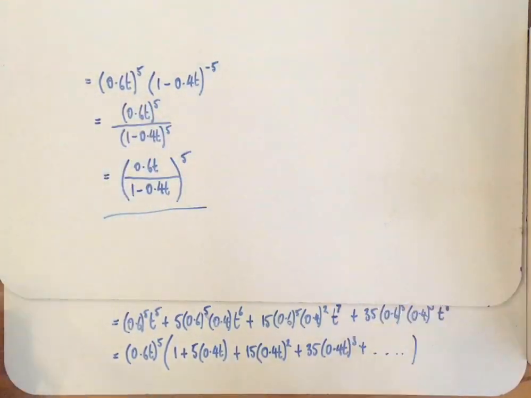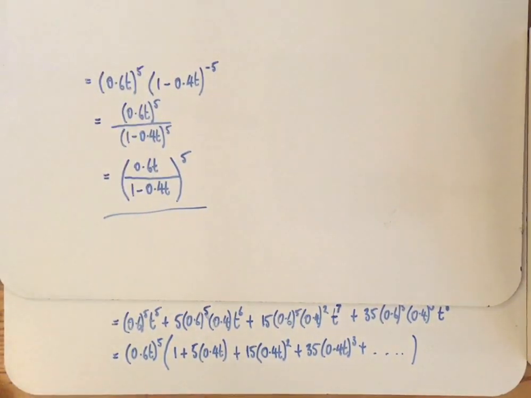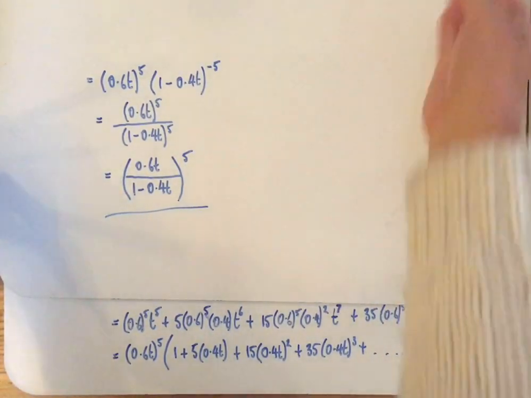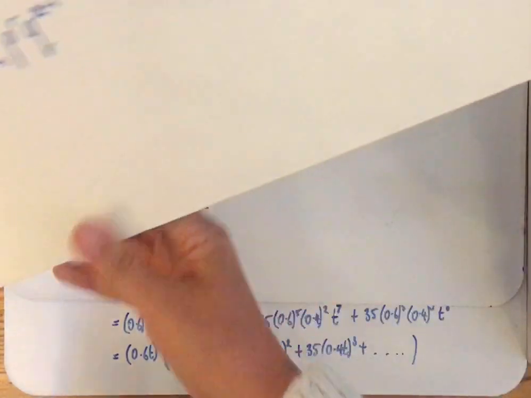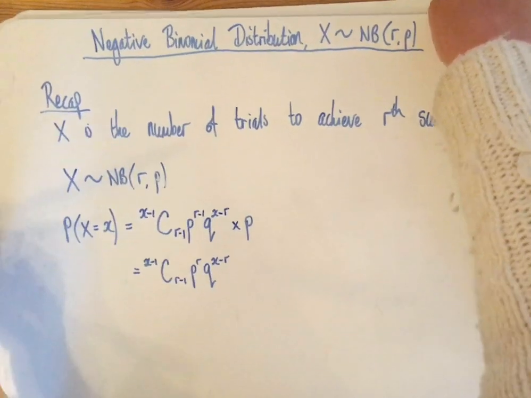So you can split a power, obviously, across a fraction. That takes us to there. So don't overly worry about that. The proof's a bit beyond where we need to be, I think. I'll let you think about that if you want to try a little proof. And then from there, we can talk about the probability generating function of the negative binomial distribution.